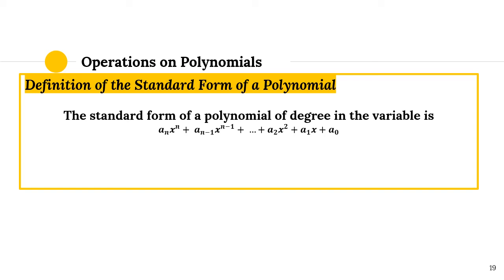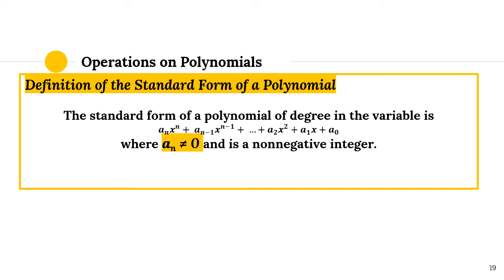So you simply rearrange based on the degree of a term, where the first coefficient cannot be 0 and cannot be negative. So when you rearrange a polynomial to fit into a standard form, the first coefficient cannot be negative.